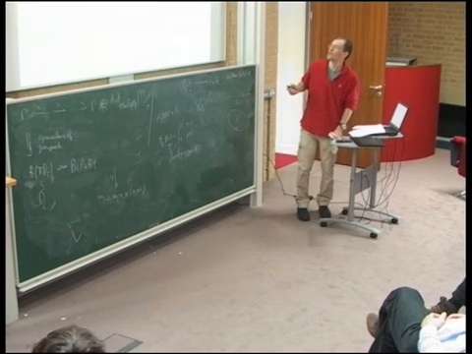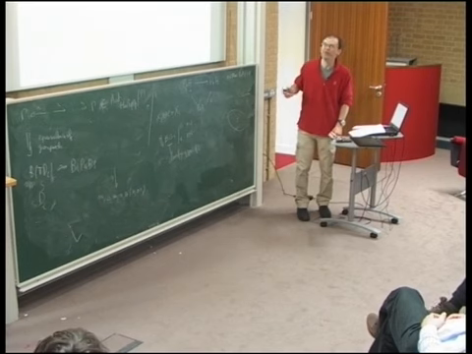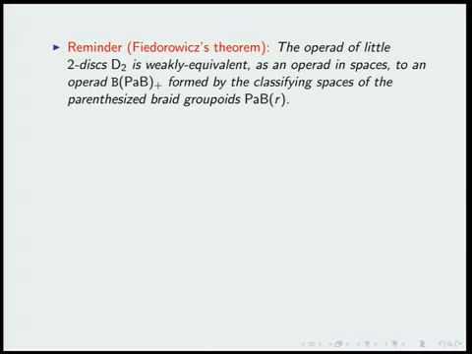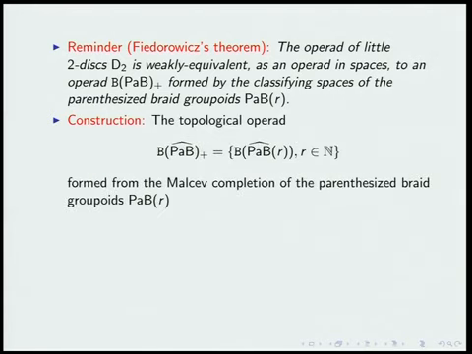So I would like to do topology. I can take the classifying spaces of this operad in operads to get an operad which is equivalent to D2. Okay. And I take the classifying space of operads of a Maltsev completion of PAB.